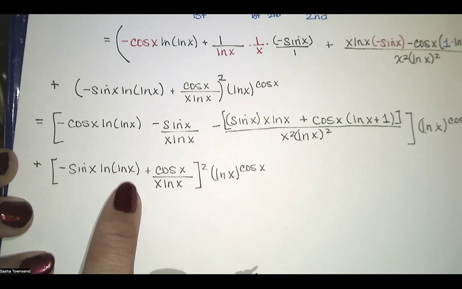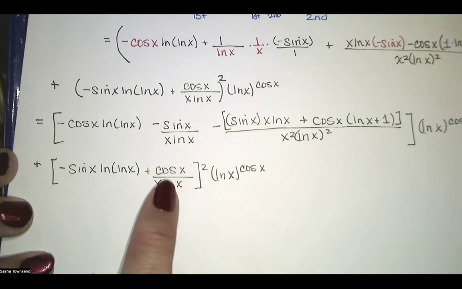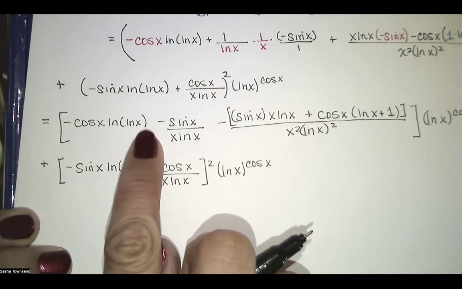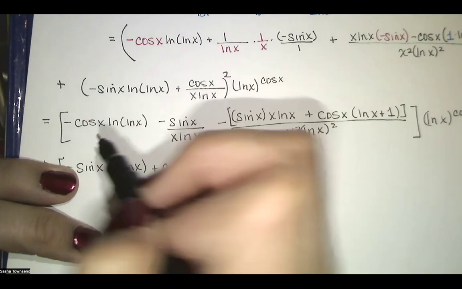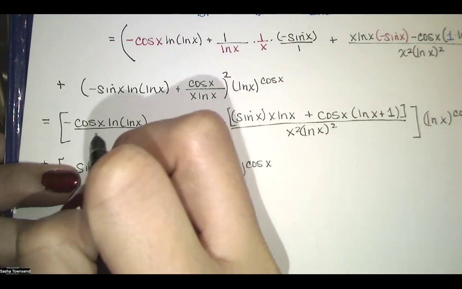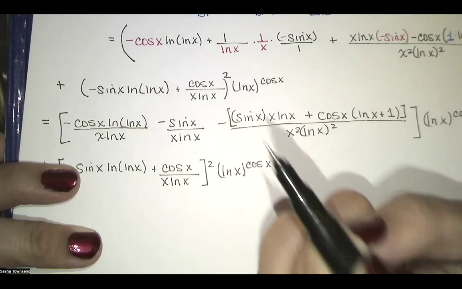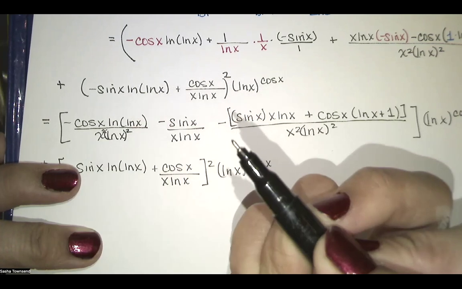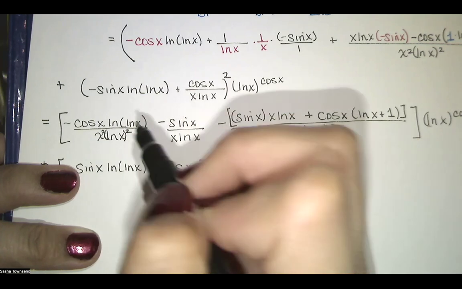I don't think that's going to cancel with anything. And then here, I don't know, it would just take a lot. I guess if we wanted to, we could get a common denominator. Let's try to get a common denominator. So I'll multiply this by x natural log of x, or x squared natural log of x squared, divided by itself.